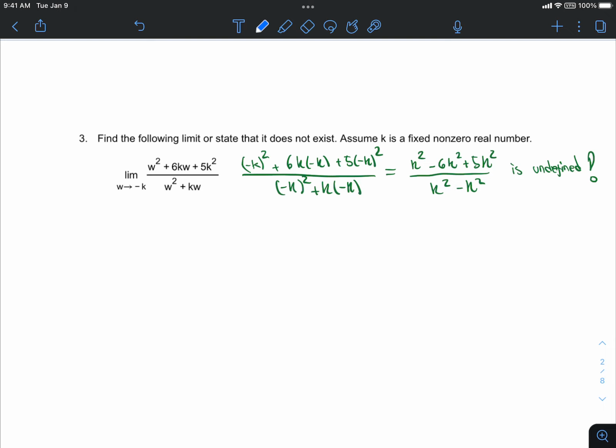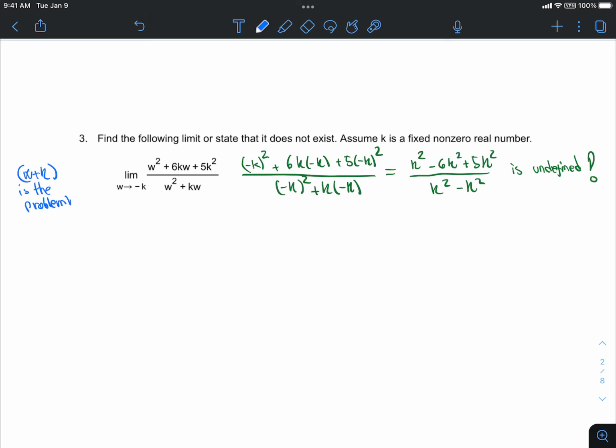You have to somehow find a way to factor an expression out of the top and of the bottom so it can cancel out. And the expression you need to find is the expression that gives the 0 out. What's an expression that would give 0 out when you plug in minus k? So that would be w plus k. This is the problem.